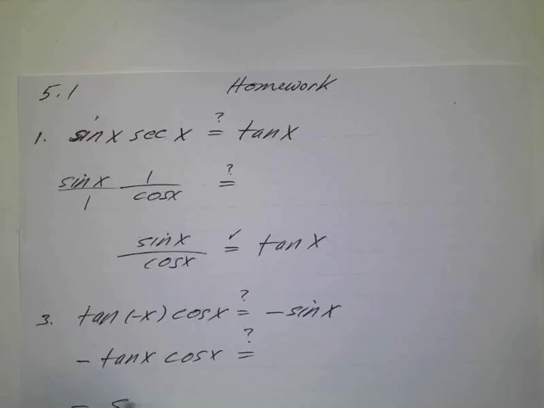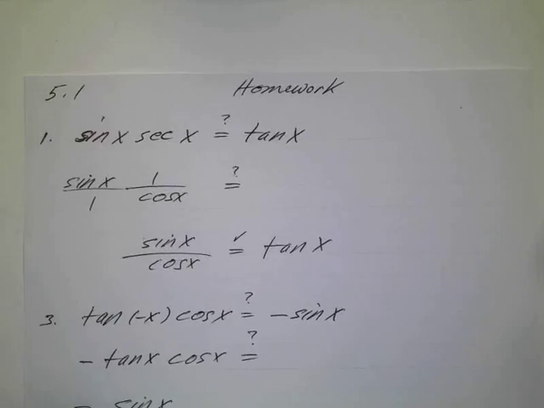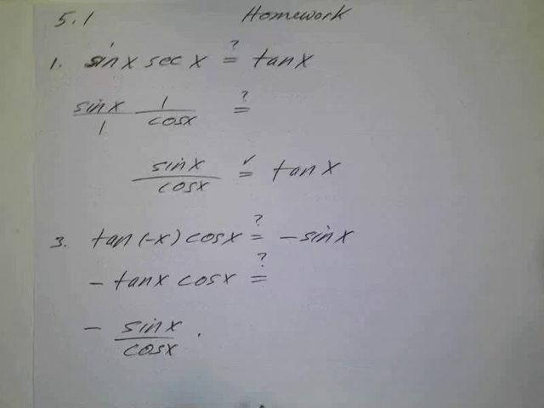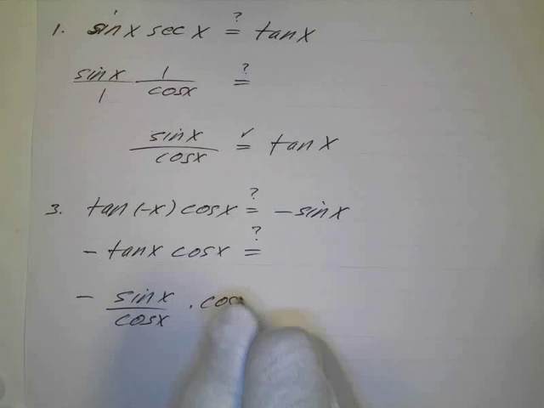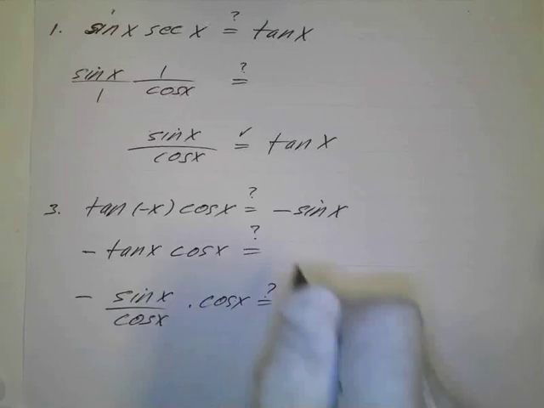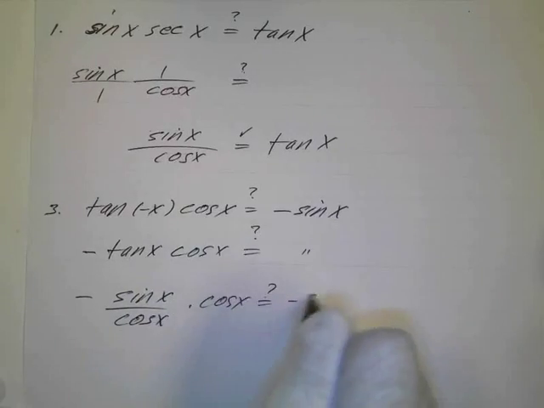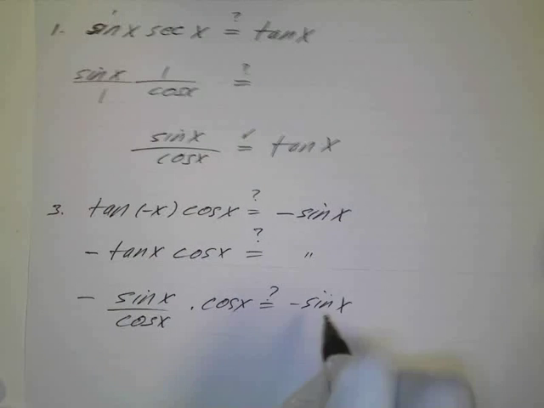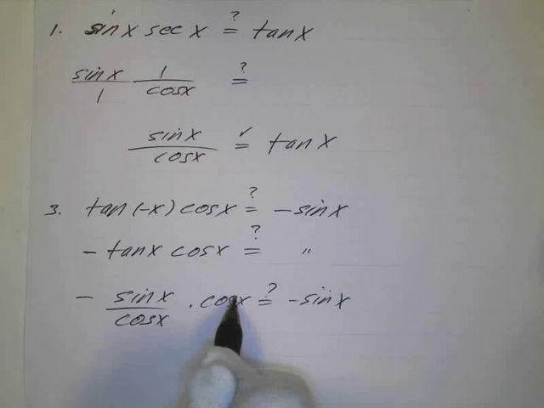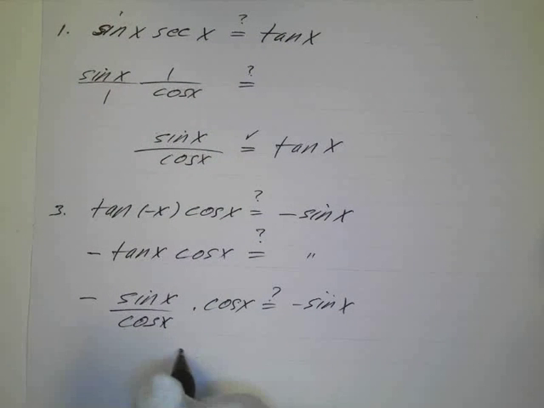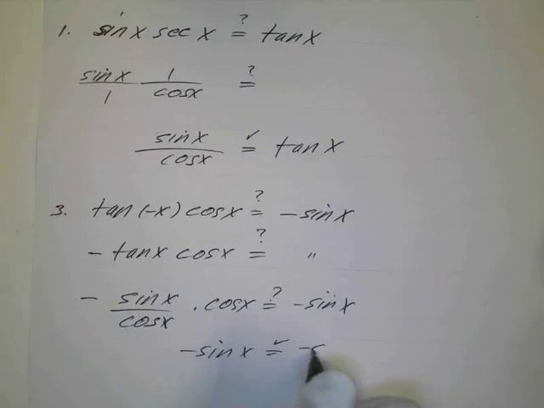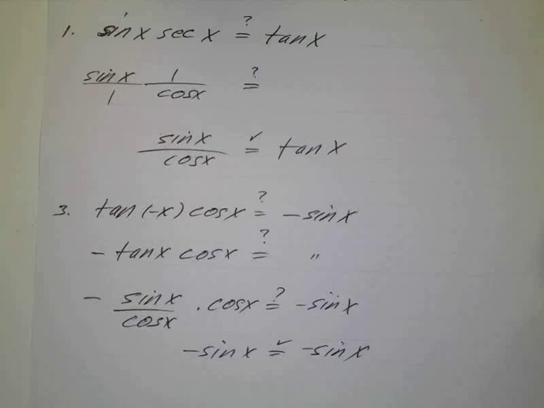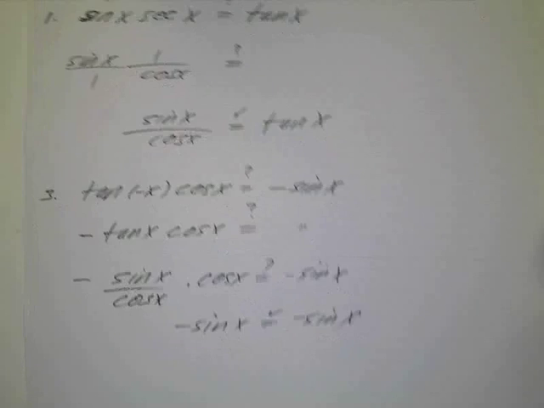So I got negative the sine of x over cosine of x, so it's the tangent of x times the cosine of x. And this is all the same thing, negative sine of x. What could we do here? We can cancel these cosines out, and now we have negative sine of x. And that definitely is equal to negative sine of x. So that's all you have to do.